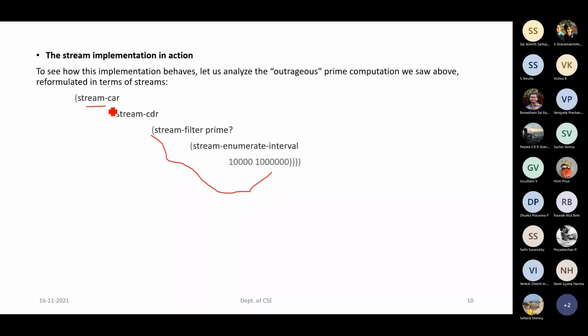But if you see here, we had stream car and stream CDR. So for both the procedures, once a delay was applied, it is waiting till some force has been applied for removing it. When we have reached that position, the next procedure we will be applying is stream CDR.